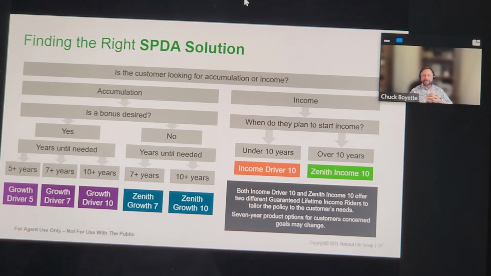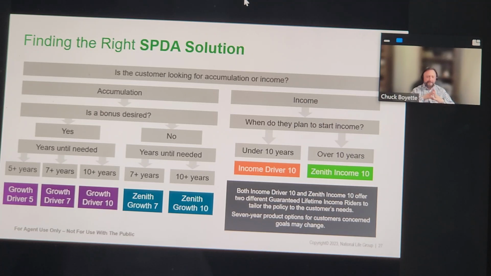If it's under 10 years when they want to turn on their income, it's Income Driver 10 or 7. If it's over 10 years, it's going to be Zenith Income 10 or Zenith Income 7. So the Zenith product for really 10 years or longer, the Driver product for less than 10 years.